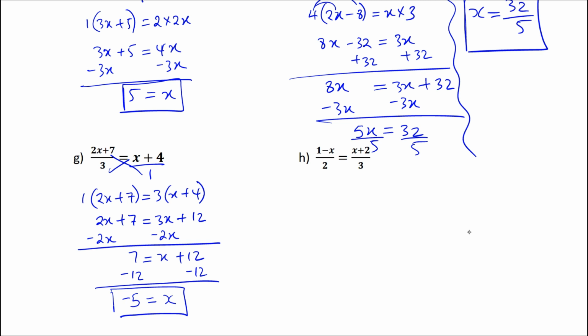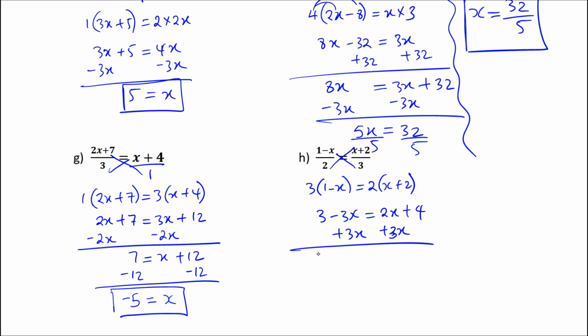Here again, same thing, cross multiply. So 3 into 1 minus x will be equal to 2 multiplied by x plus 2. So that will just be 3 minus 3x will be equal to 2x plus 4. Get rid of the smaller x.